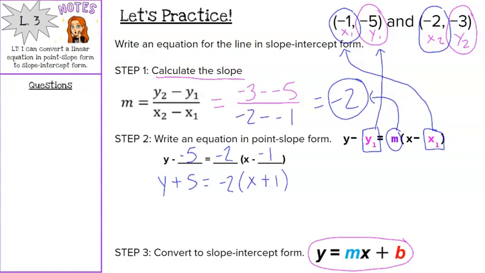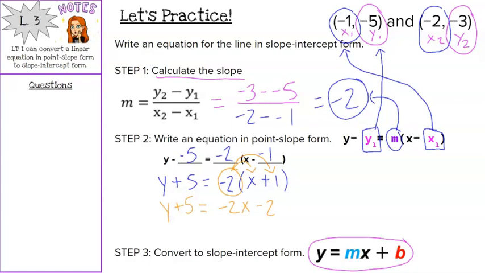Now that I've rewritten that, we can do our steps. We distribute, so we do negative 2 times x is negative 2x. Negative 2 times positive 1 is negative 2. And then that y plus 5 is still the same.